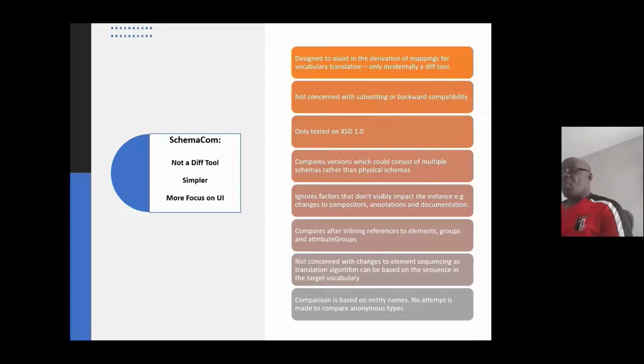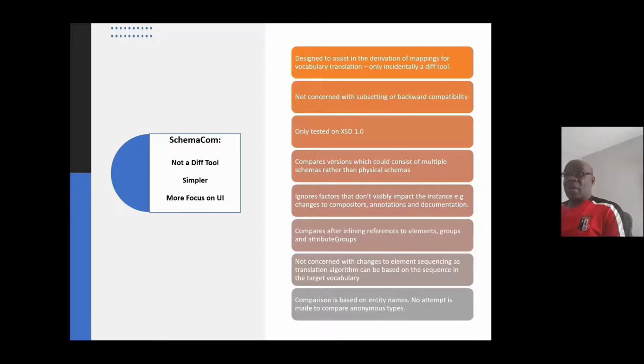Also, we don't have to worry about changes to groups or attribute groups, because we're inlining them, and so we'll handle any changes in the content models that reference them. Right? We're not concerned with changes to element sequencing, because first of all, it doesn't require us to change the mapping, and in any event, we can pull data from the instances in the sequence which has been determined by the target schema.